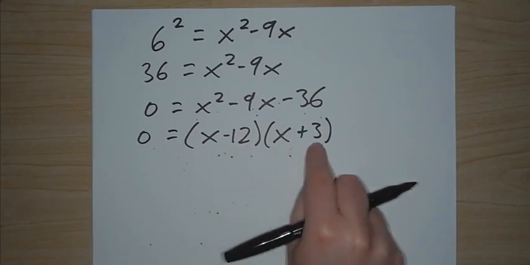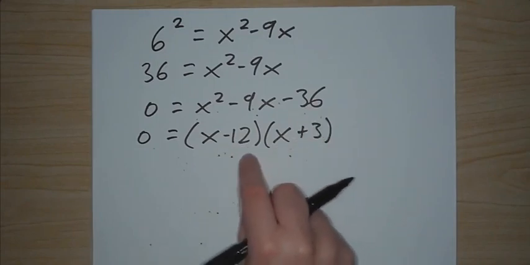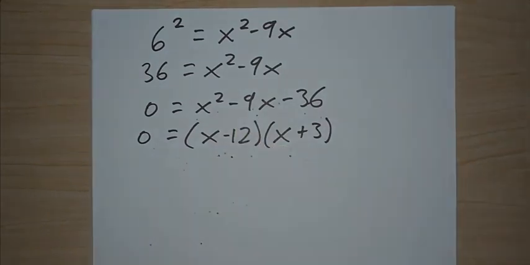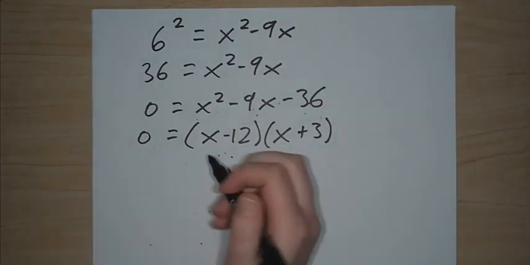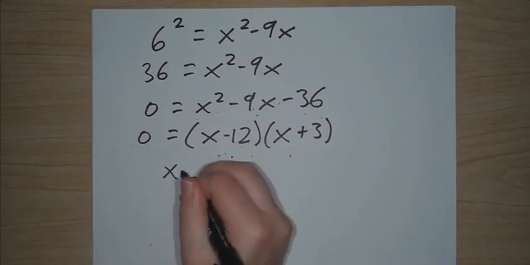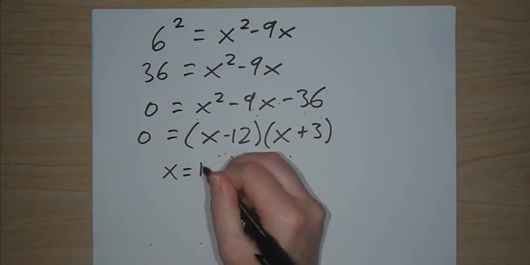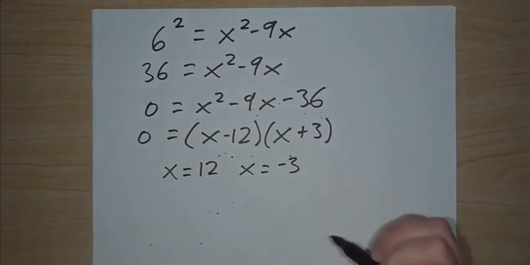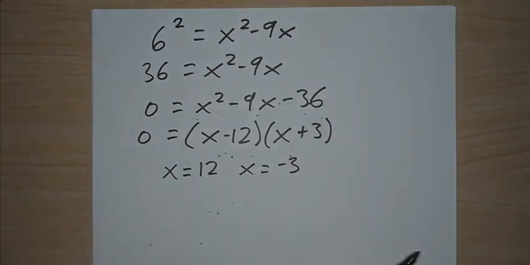Notice we have negative 12 times positive 3 is negative 36, and negative 12 plus 3 is negative 9. So that's how we factor that. So, taking each of these and equaling them to 0, we get x is equal to positive 12, and x is equal to negative 3 from there.